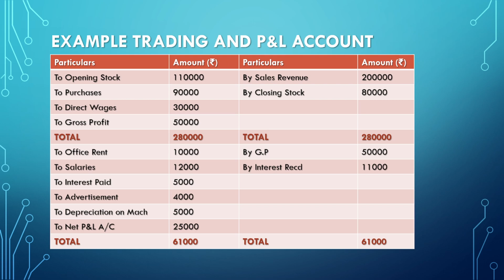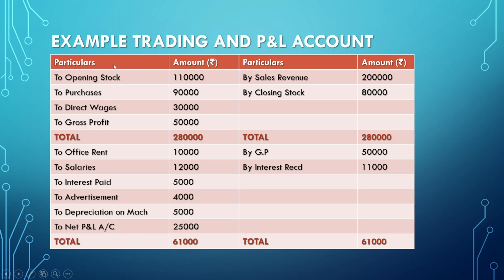Understood? 2,80,000 total of sales plus closing stock, minus opening stock 1,10,000, minus purchases 90,000, minus direct wages 30,000 will give you the gross profit. Understood? Okay, here 2,80,000 minus 1,10,000, 90, 30, so 50,000 is your gross profit.